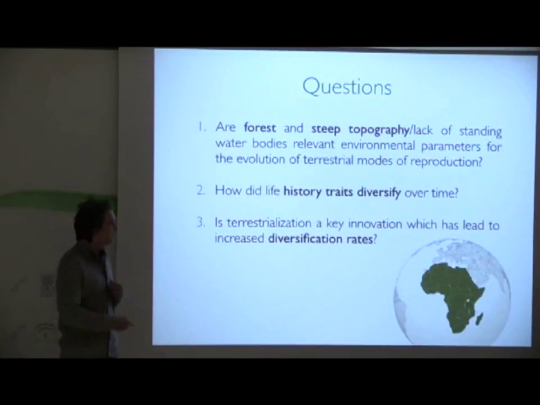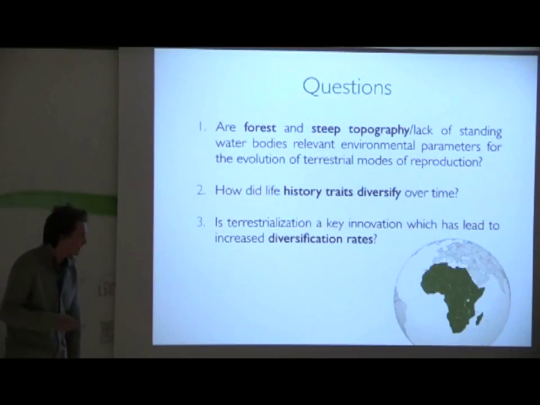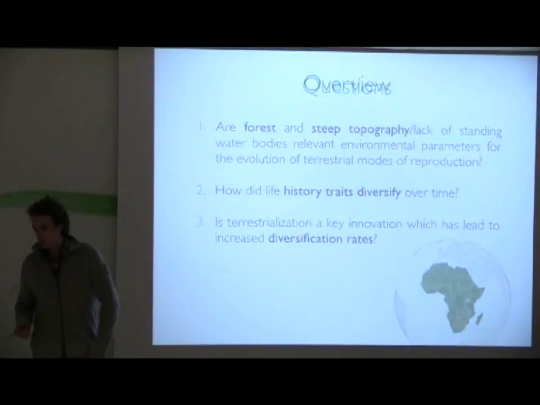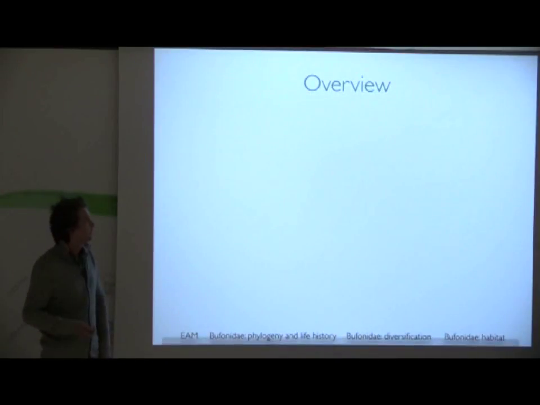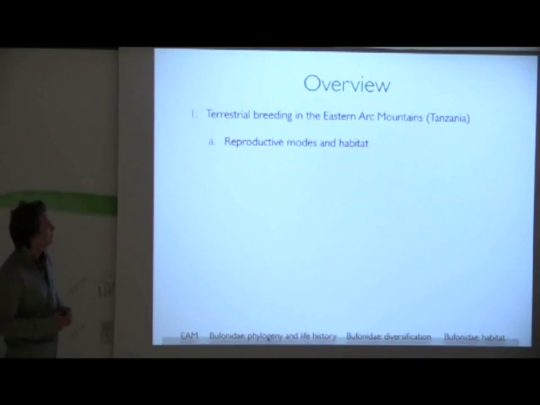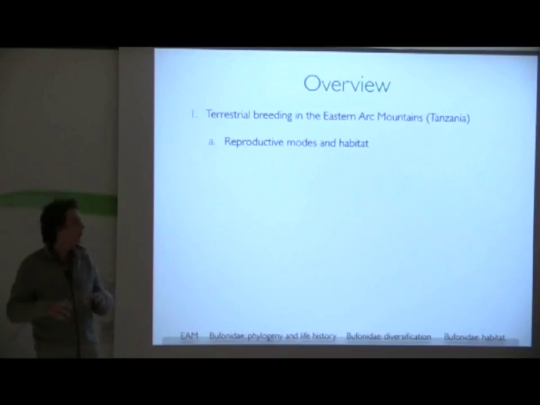Both of these hypotheses, the Goin and Poynton hypotheses, were based on observation of African amphibians, so we restricted our work to African systems, and we took two approaches to this. So the first approach was to look at a specific region, the Eastern Arc Mountains in Tanzania, and look at how reproductive modes are associated to habitat there.